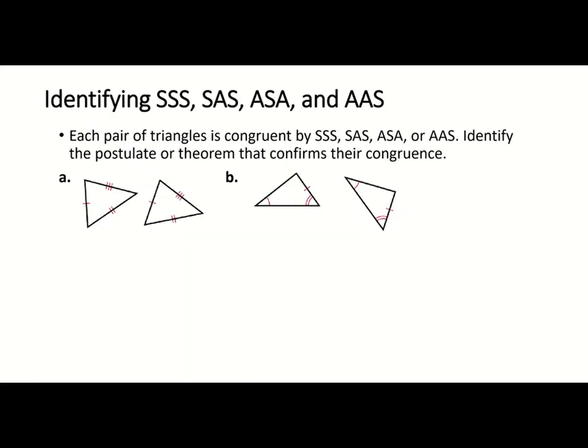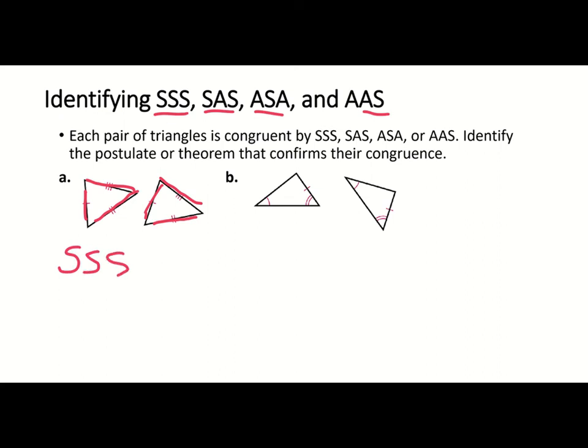All right, so here we're going to prove our triangles are congruent through side, side, side, side, angle, side, or angle, angle, side. If we look at A, this one should jump right out at you automatically. We have all three sides: this side is marked with 3 hash marks, and we have one marked with 2, and then our third side marked with 1. So that one is definitely going to be side, side, side.